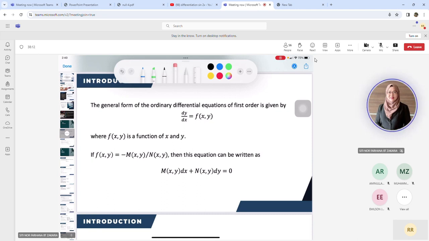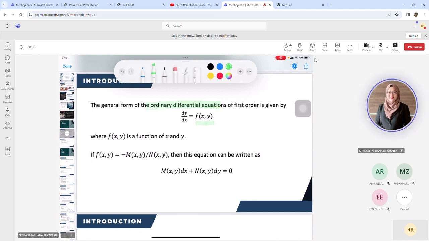Okay, introduction. A general ordinary differential equation, usually we will write like this: dy/dx equals f of x, y, right?